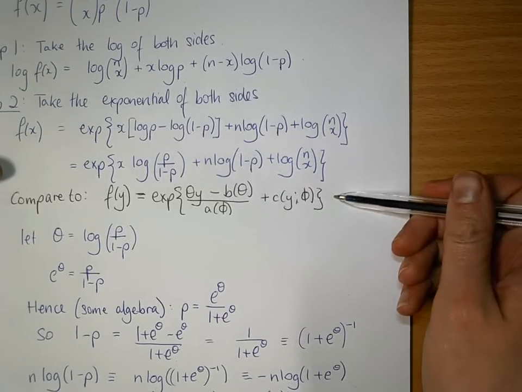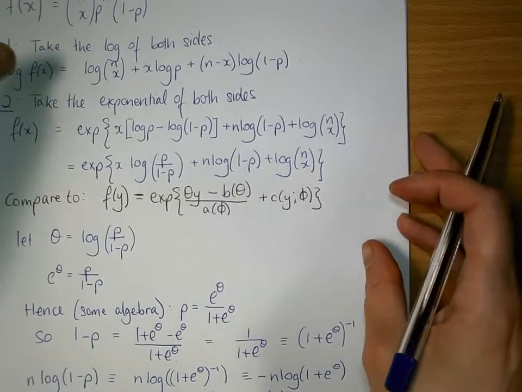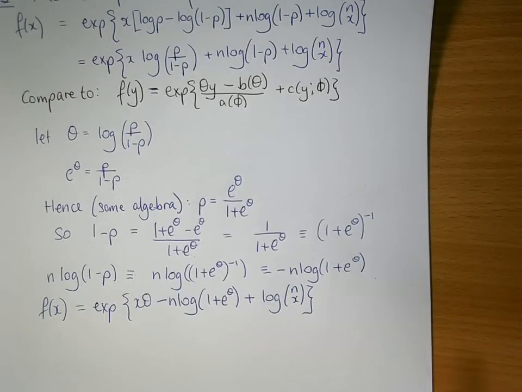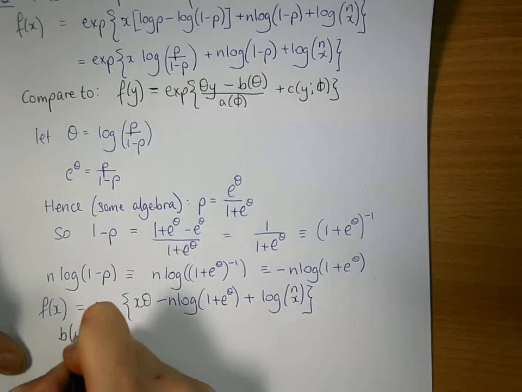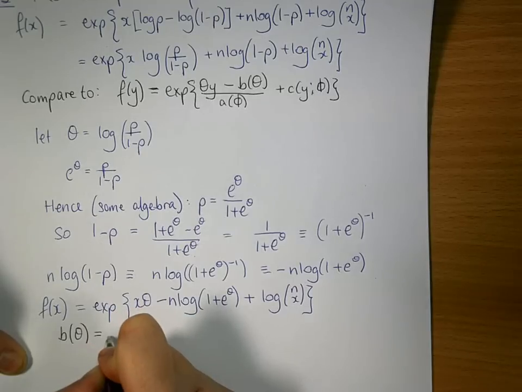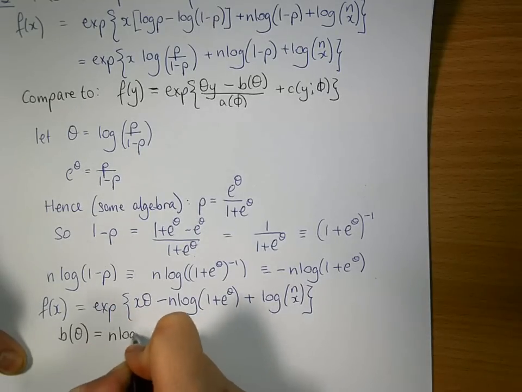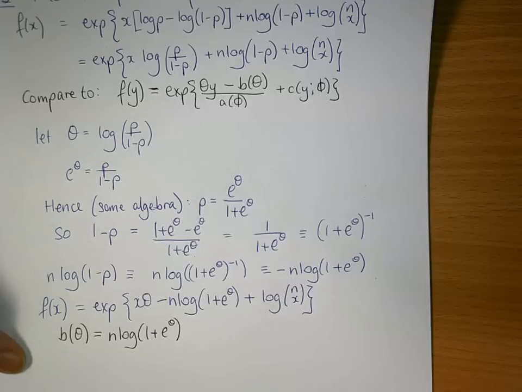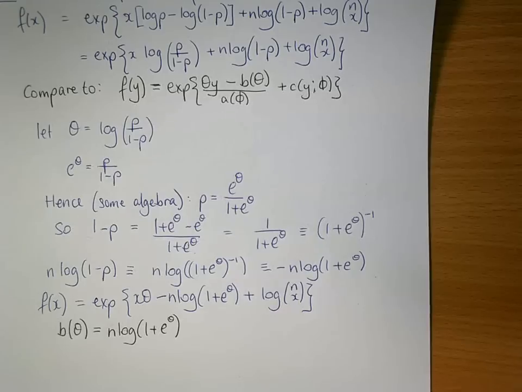Matching this up to what's in black up here, I can then say that b of theta is equal to n log 1 plus e to the theta. And everything else pops out.